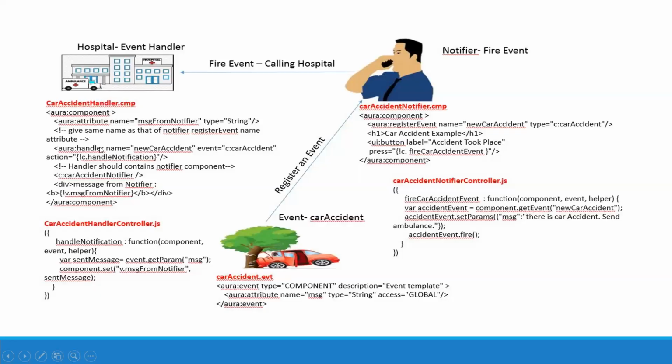They will handle it. They will get the message that he is sending. What message is being sent? getParam message, the message sent from here. So that message they will get and set in a hospital attribute, any attribute I'm just saying. Did you understand?